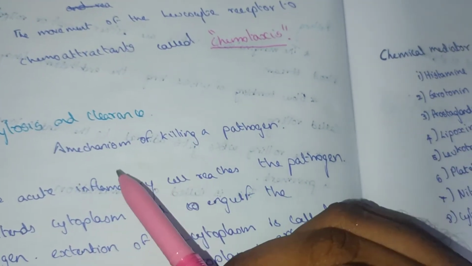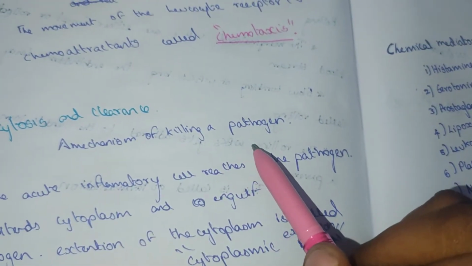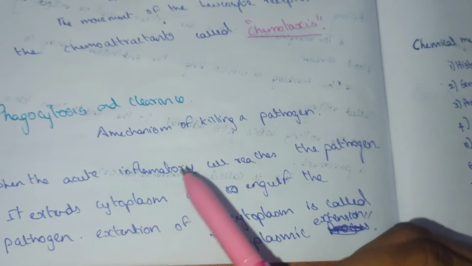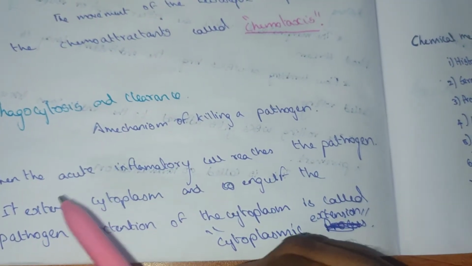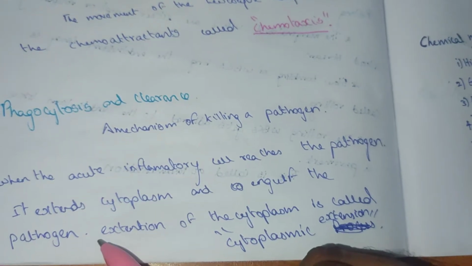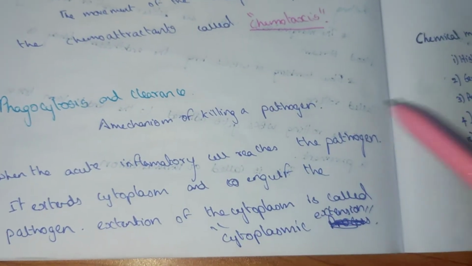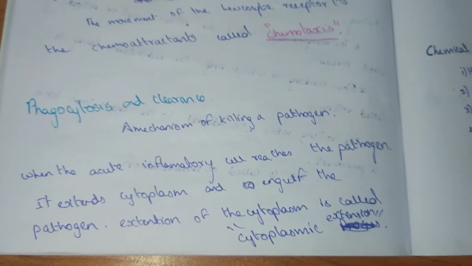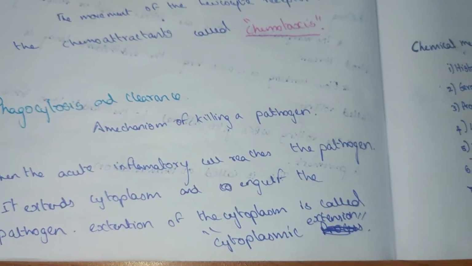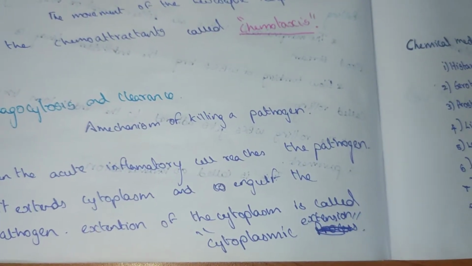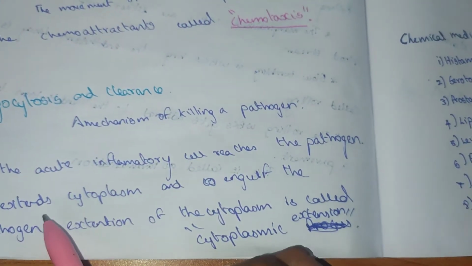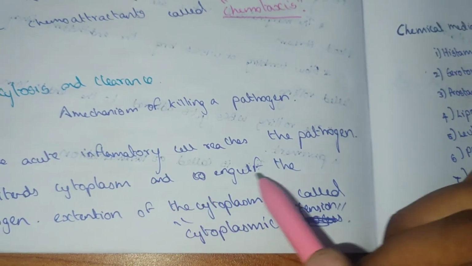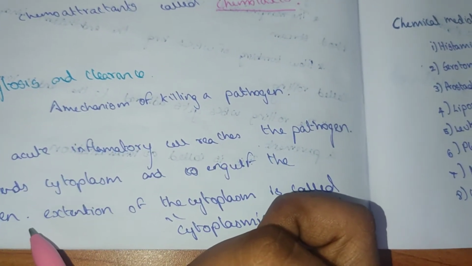Phagocytosis and clearance, a mechanism of killing pathogens. When an acute inflammatory cell reaches the pathogen, it extends its cytoplasm and engulfs the pathogen present near it.